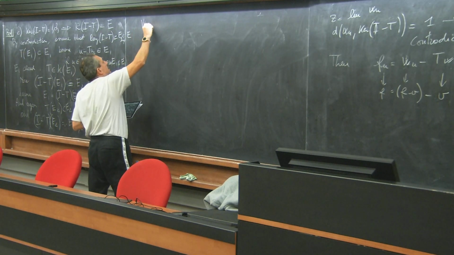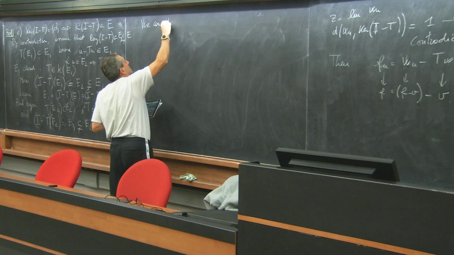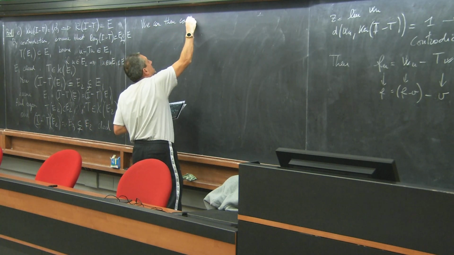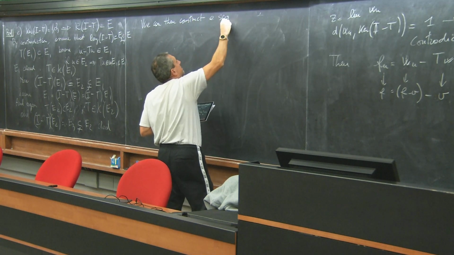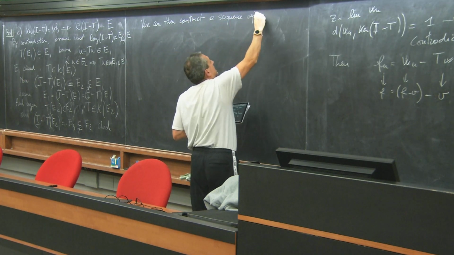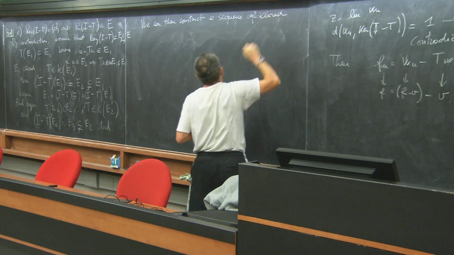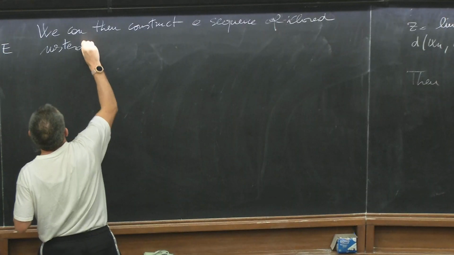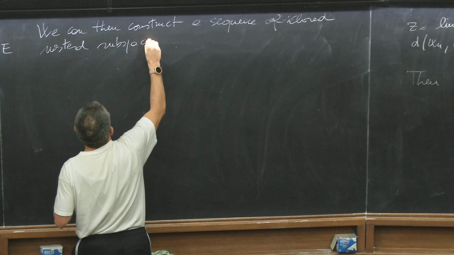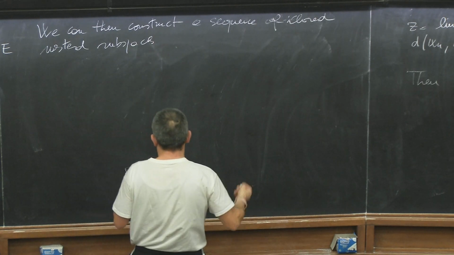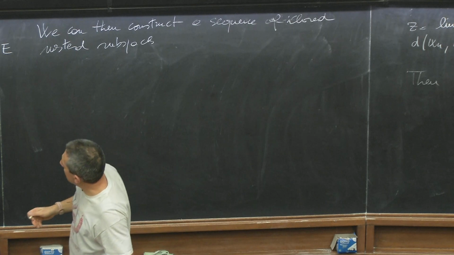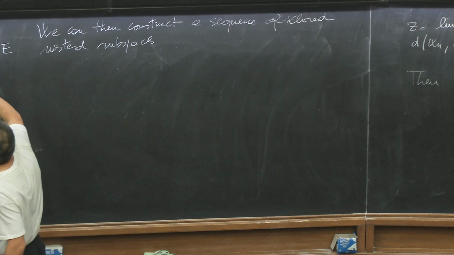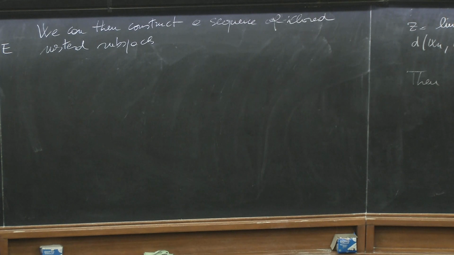So we can construct a sequence of nested closed subspaces, defined by, okay, we just iterate, you see: E2 is I minus T applied to E1, and then it is I minus T squared.